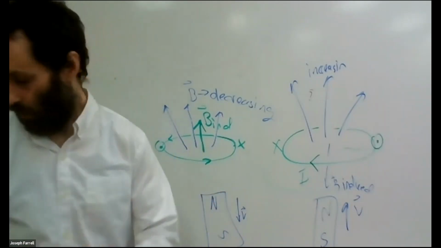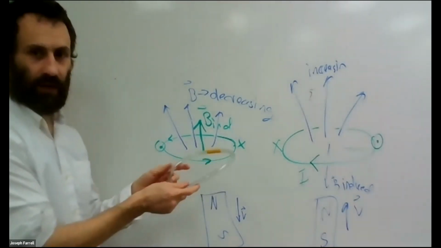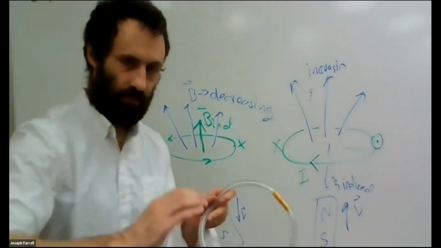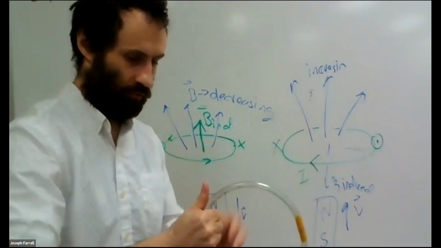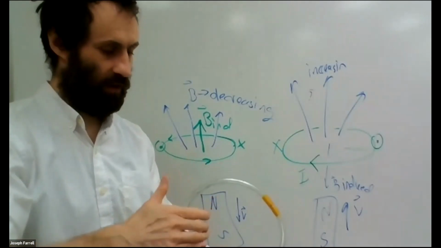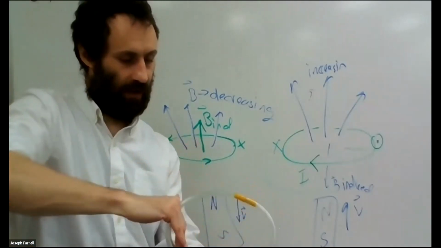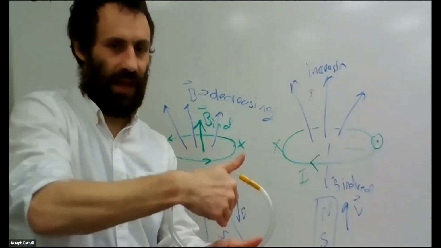And again, one other way to think about it with loops is, I like to think of a loop the same way I would a long straight wire for the field. But once you get the hang of it, there's another right-hand rule you can do. So I know here that if the current's going around like this, the field's down in the middle.